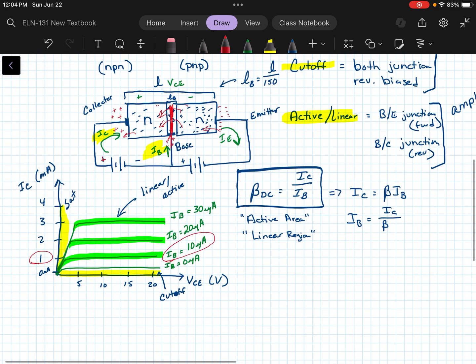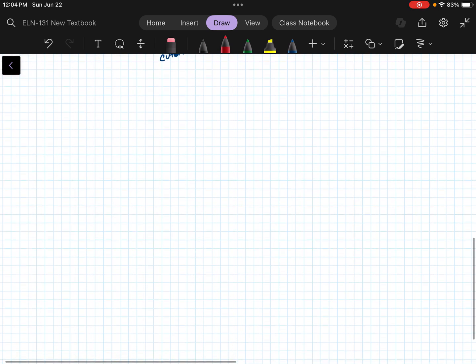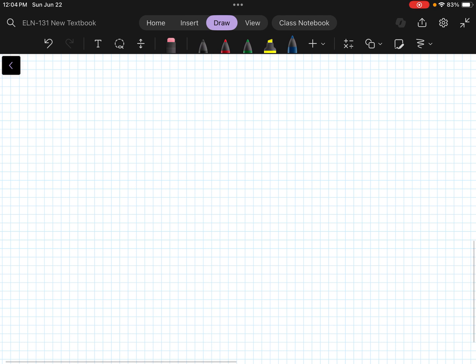Okay, so let's go down and actually draw a circuit and do an example and see how this works. So here's our, I'm going to use an NPN transistor. And I'm going to add a resistor and a biasing voltage to each side.